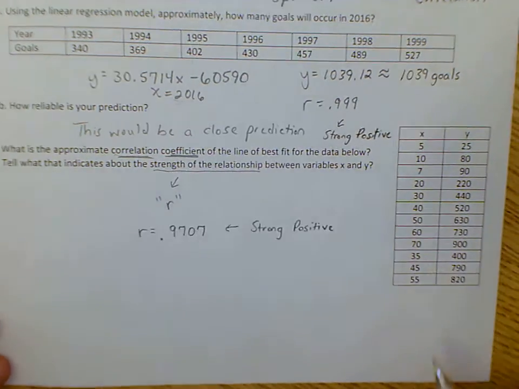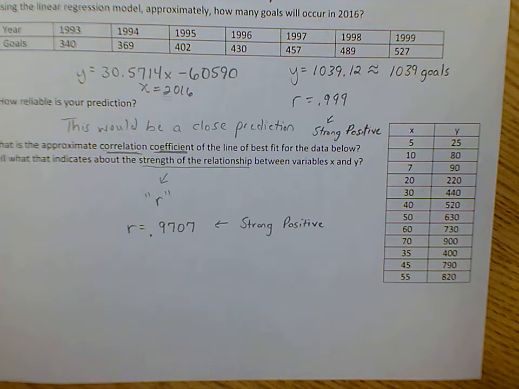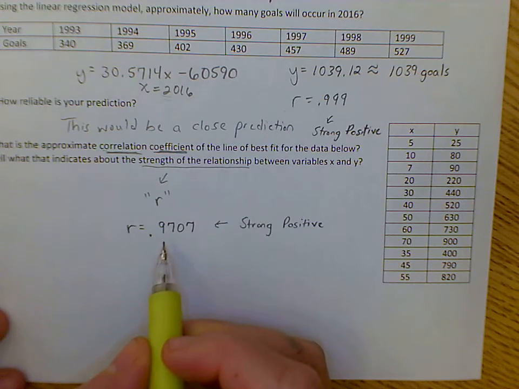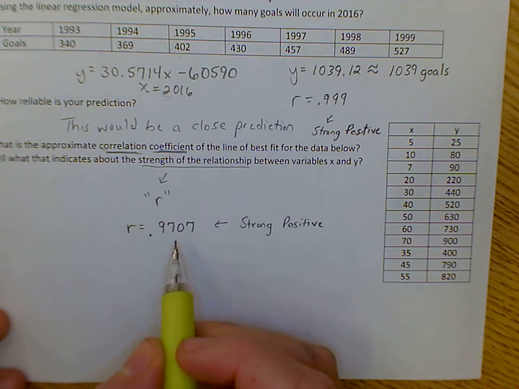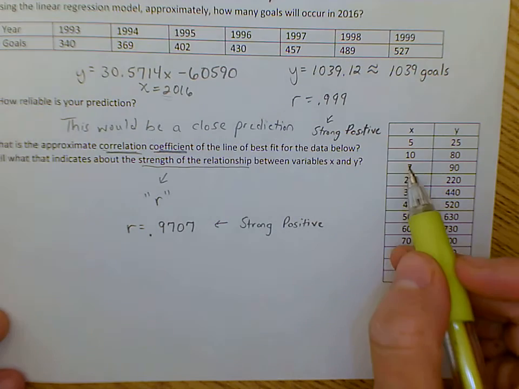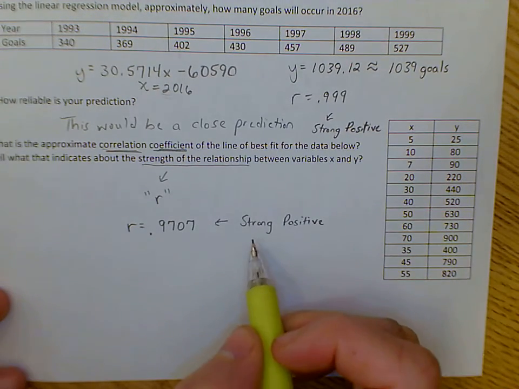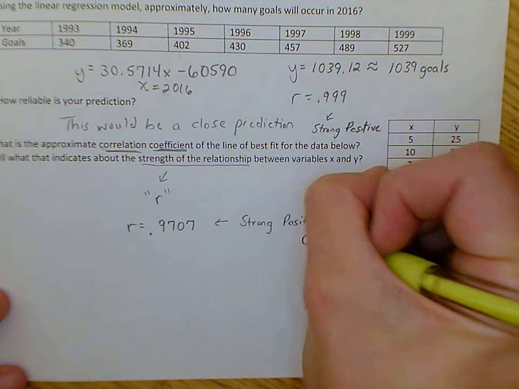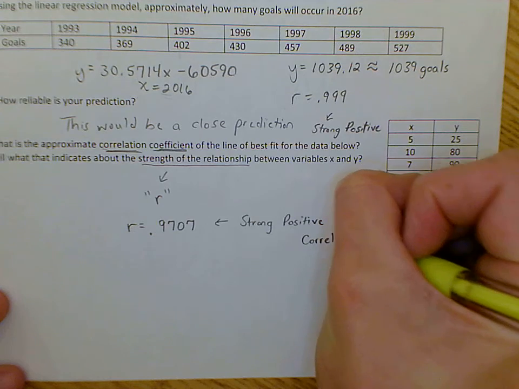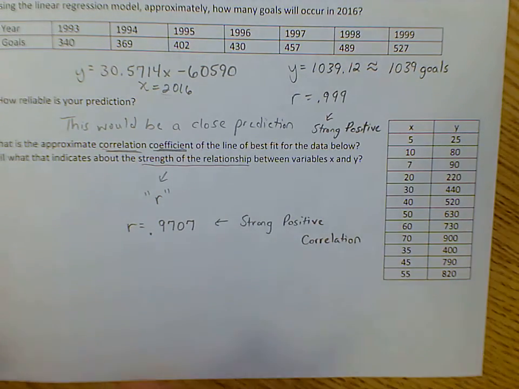So whatever these two things are that they're comparing are pretty closely related in some way. Now, they're not going to necessarily predict each other because it's not exactly 1, but you could kind of make predictions based on that data. Okay, so it has a strong positive correlation, and positive means that as one of those variables is increasing, the other one is also increasing.